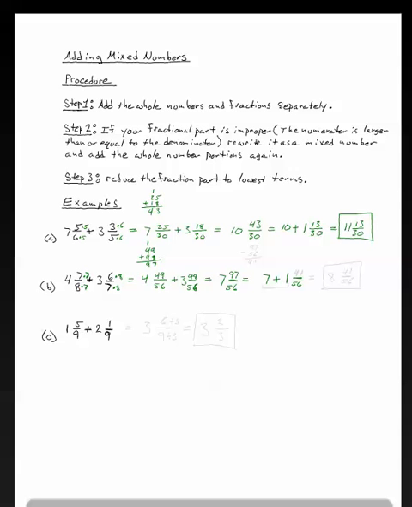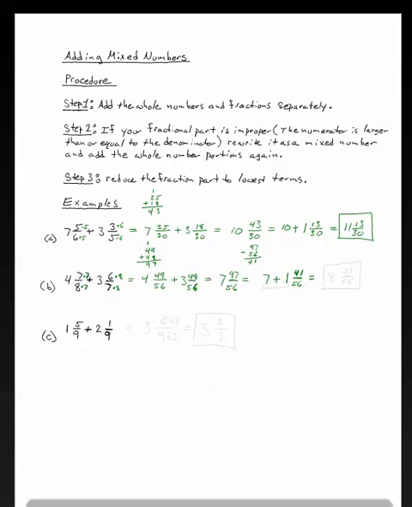So we can subtract 97 minus 56. We subtract. 7 minus 6 is 1. 9 minus 5 is 4. So we get 41 over 56. And 41 and 56 don't share any common factors, so this won't reduce when we're done.